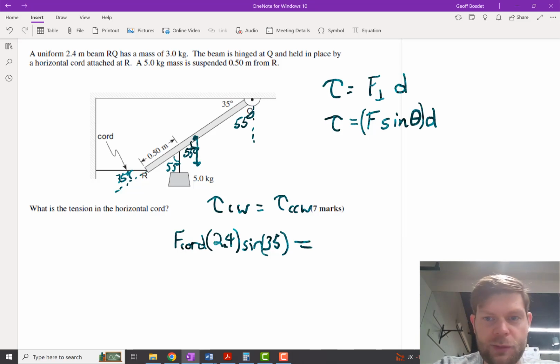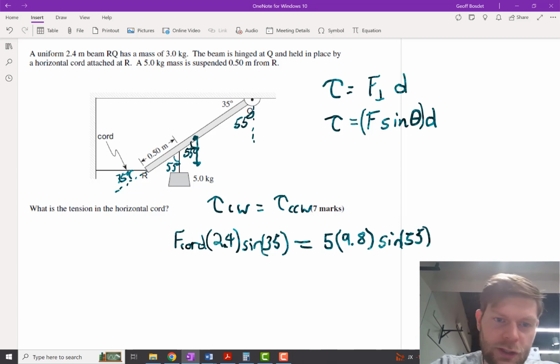And then we got to do the same thing, our F sine theta times d for these other two. So force on the 5 kilogram one would be 5 times 9.8. That gives us the force of gravity on it. If we want to find the perpendicular component, we'll throw in another sine 55 there. Then we've got kind of this guy right here.